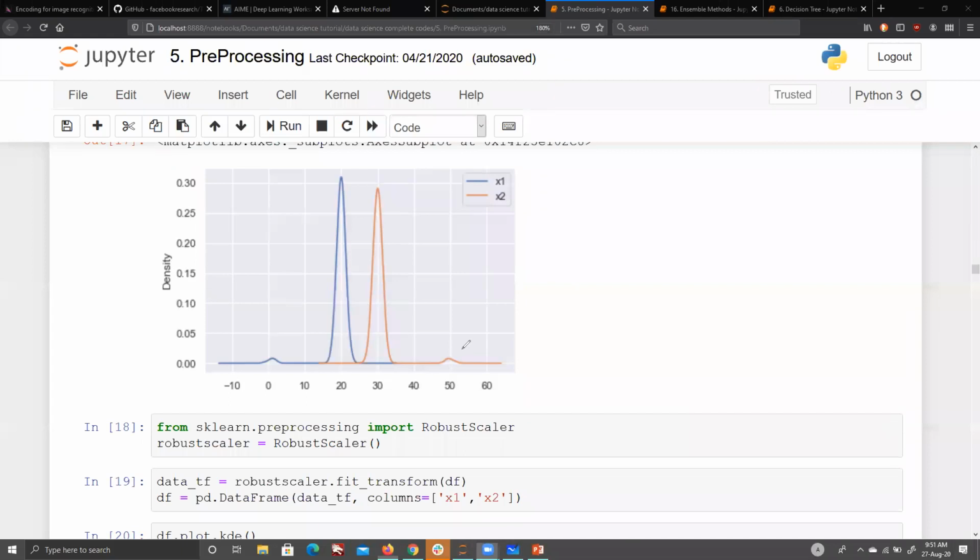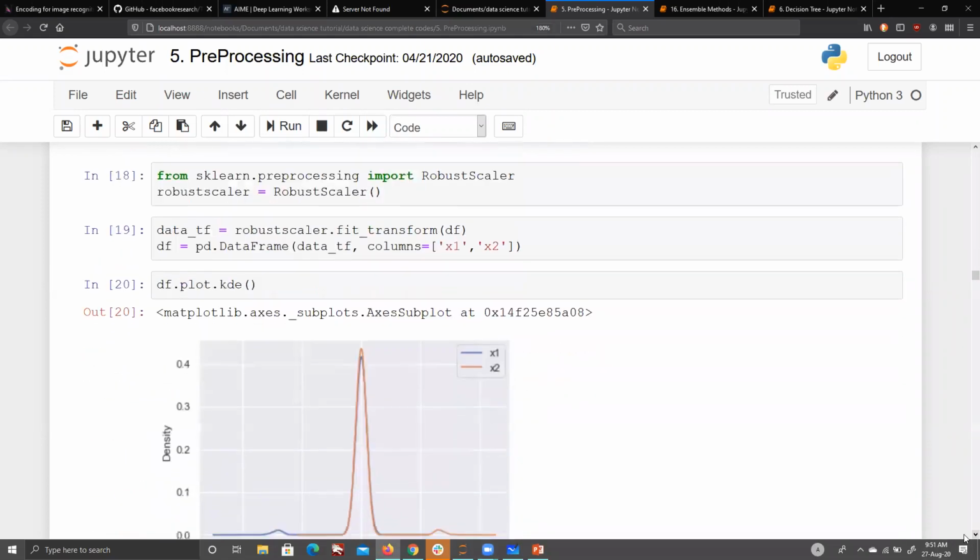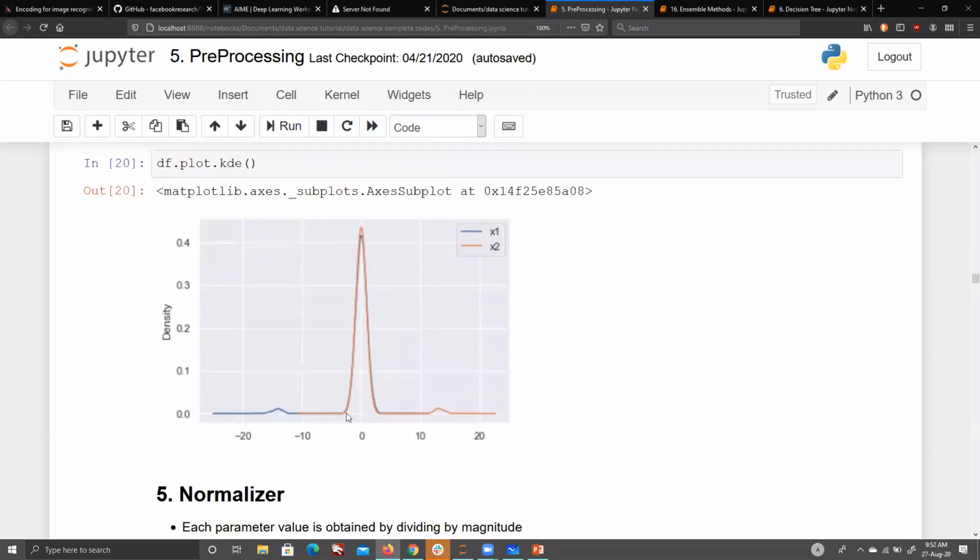We have manually created an outlier at the extremities, and they are on different scales right now. So we run the robust scaler. Whenever you have a large amount of data, most of the data will be concentrated from -3 to +3. Most of the data will be brought down to the same scale.